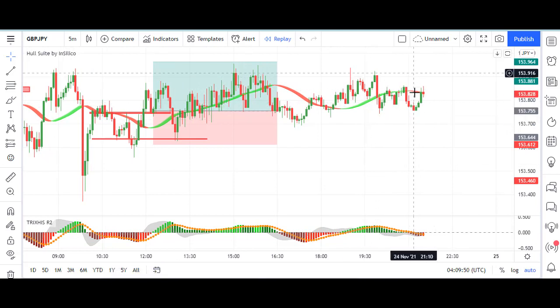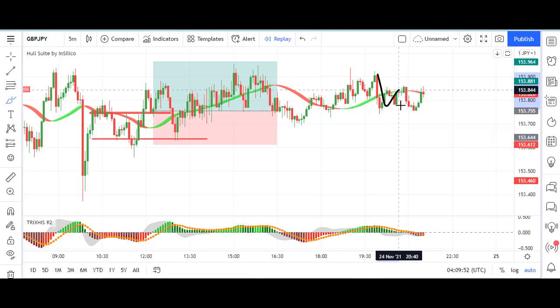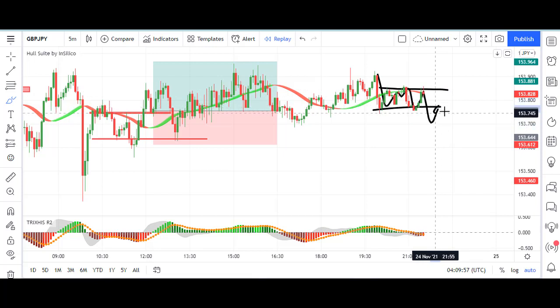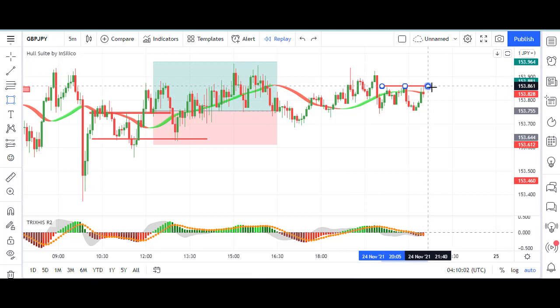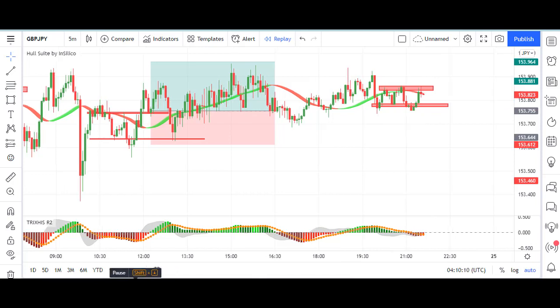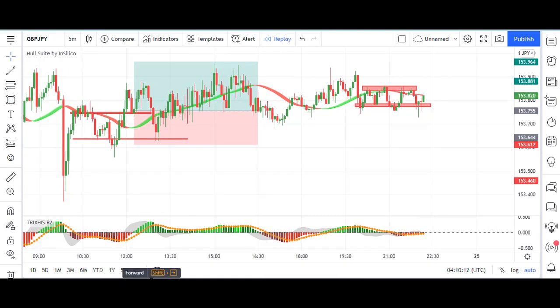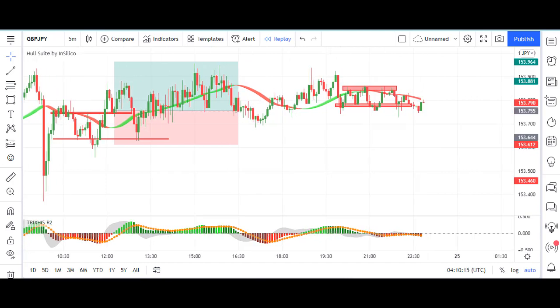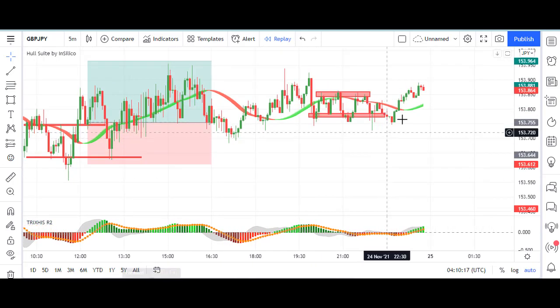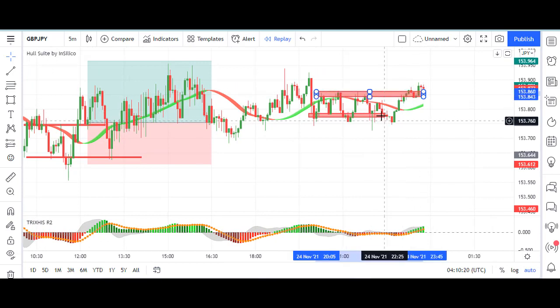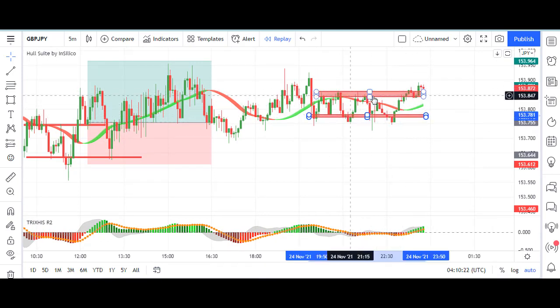Okay, as you can see here, the market is in a trading range, and my plan is to wait for a breakout and retest here. The market did not break out yet, and the Hoonswitch has turned green, so we cancel the plan.